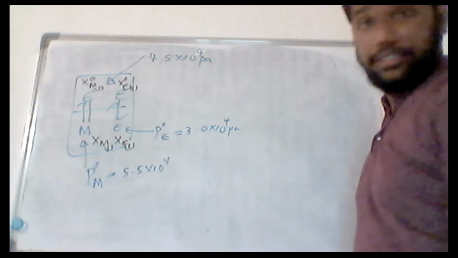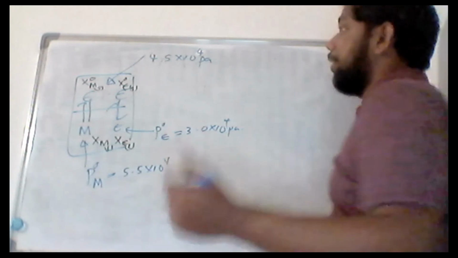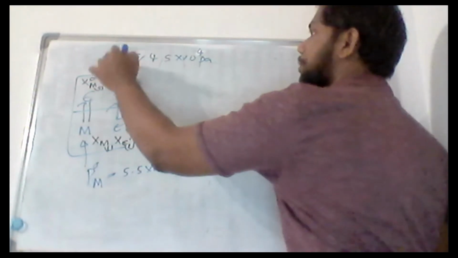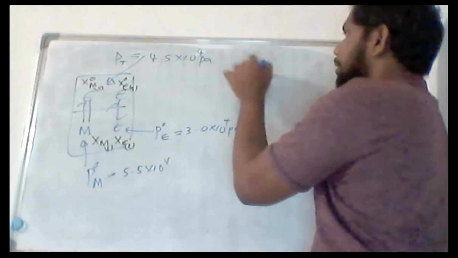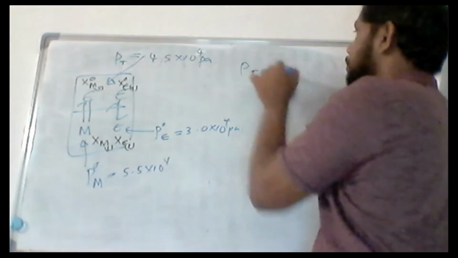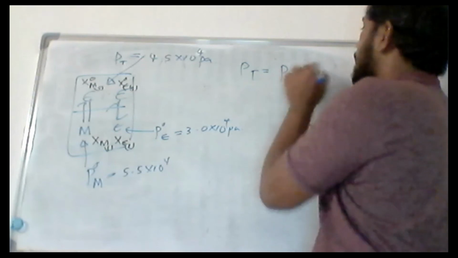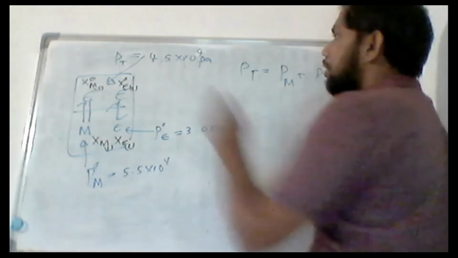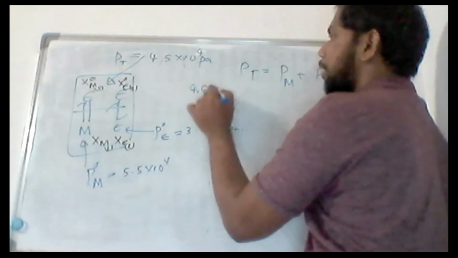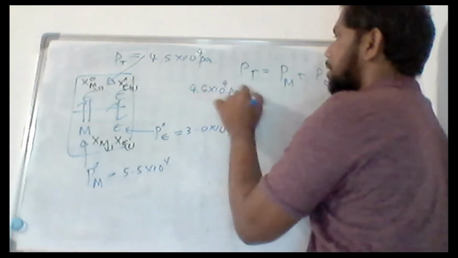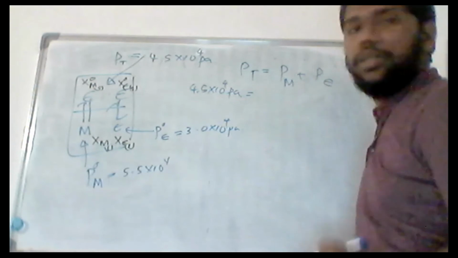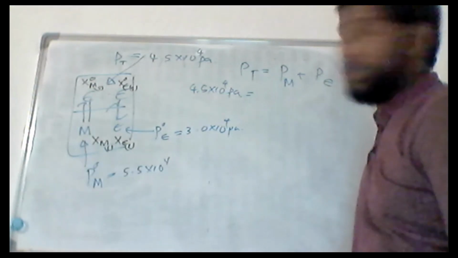And the total pressure is given. So the first thing that you need to understand, this is the total pressure. So PT is equal to P methanol plus P ethanol. So 4.5 into 10 to the power 4 Pascal is equal to P methanol plus P ethanol.